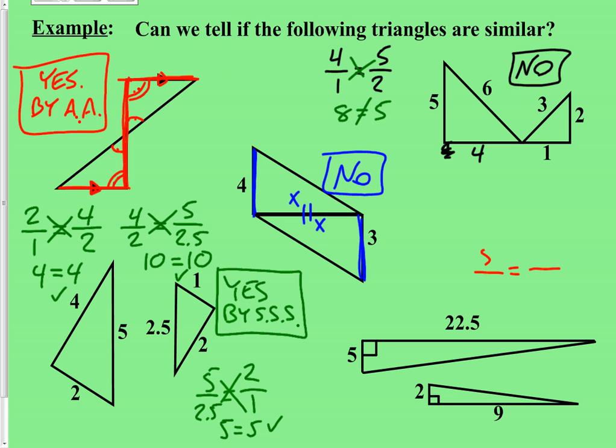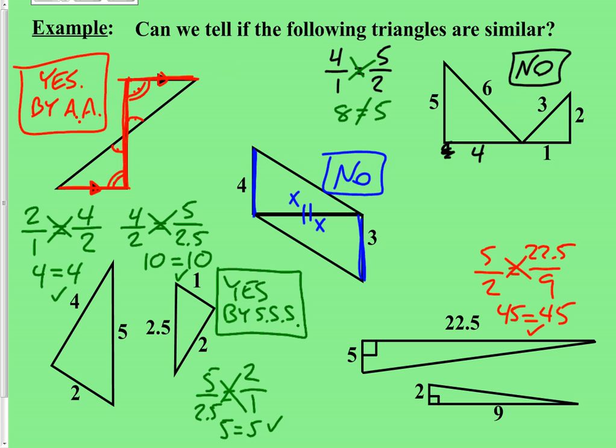That would be the 5, which would match up to the small side of the bottom triangle. That's the 2. And the large side that we know, 22.5. And the larger one on the bottom would be the 9. Cross multiply: 5 times 9 is 45, and the question is, does that equal 2 times 22.5, which is also 45.